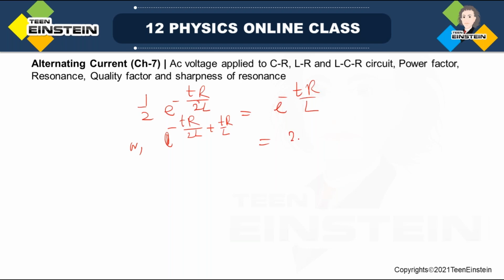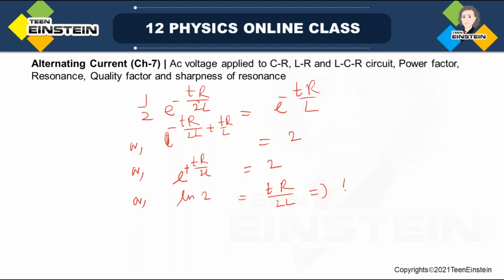This will be 2, say. If you just solve it, e to the power TR by 2L is equal to 2. If we take ln on both sides, ln 2 is equal to TR by 2L.